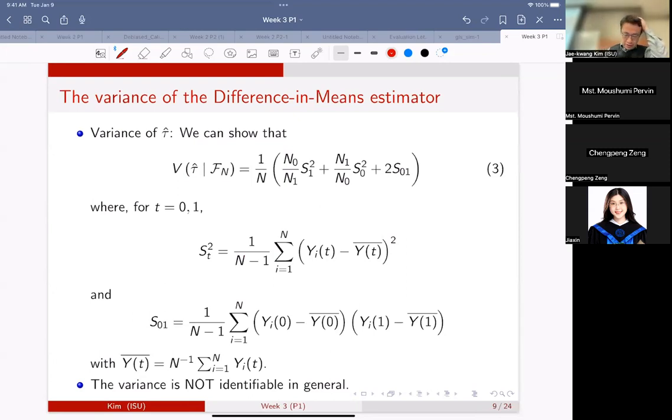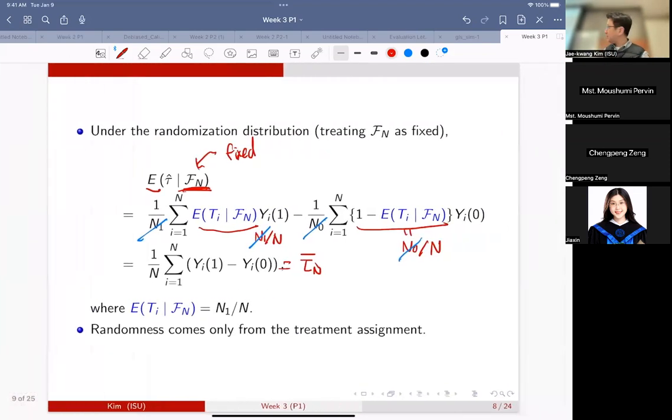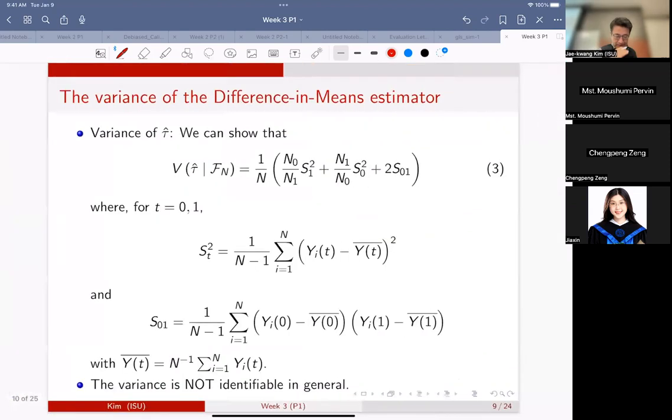So now, the mean part is relatively easy because you take the conditional expectation with respect to Ti, and we know this property. Now we'd like to compute the variance, which is also a conditional variance, conditional on F. We want to compute the variance due to the treatment assignment mechanism, and it turns out that this is the formula.